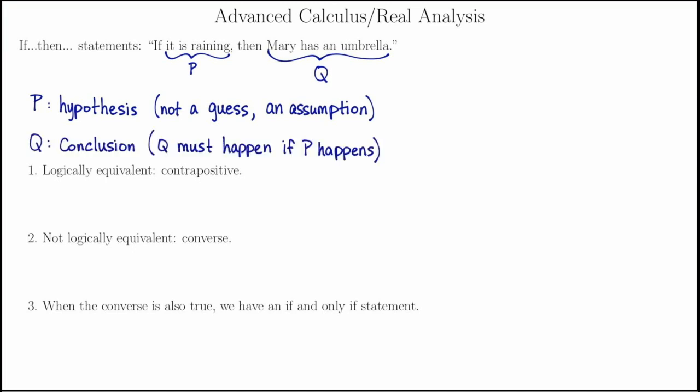Mary has an umbrella is what you would call the conclusion, and it's frequently denoted by Q. Q is the conclusion that follows, so Q must happen if P happens. You could never have P without having Q. We denote this a few different ways, so here are just the basic ways.